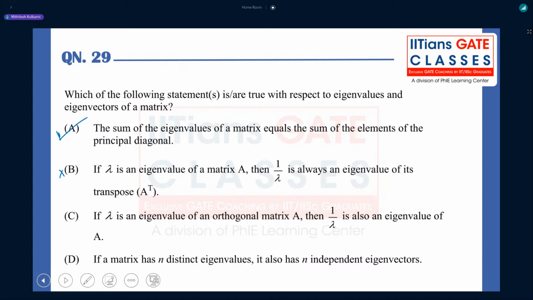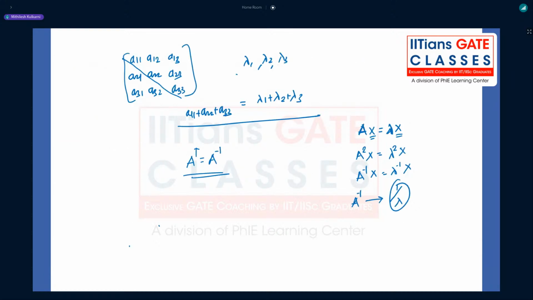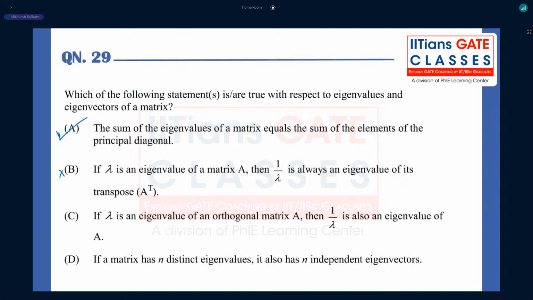But if they had said 1 upon lambda is an eigenvalue of A inverse, or 1 upon lambda is an eigenvalue of A transpose, then it would have been a correct statement. But what they said is 1 upon lambda is also an eigenvalue of A. So this is incorrect. Either it should be A inverse or A transpose. I hope you understood.